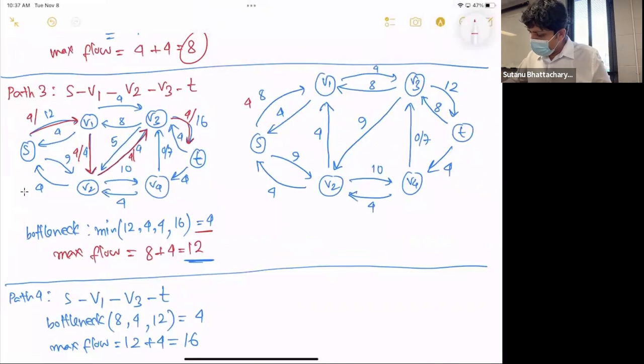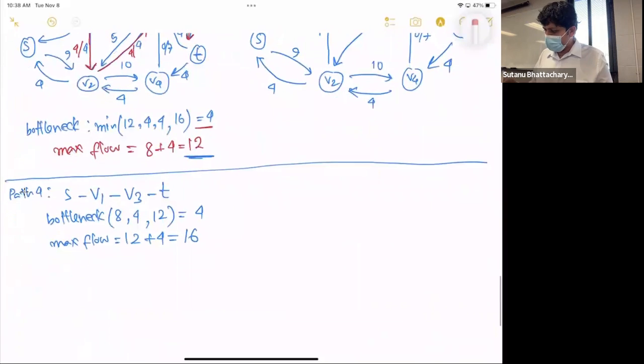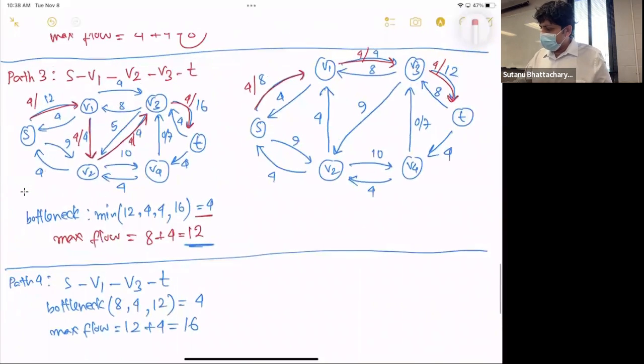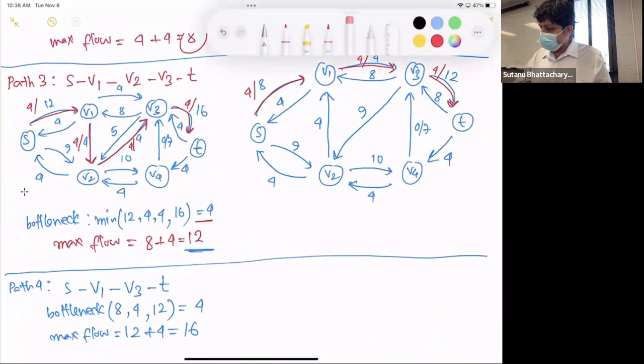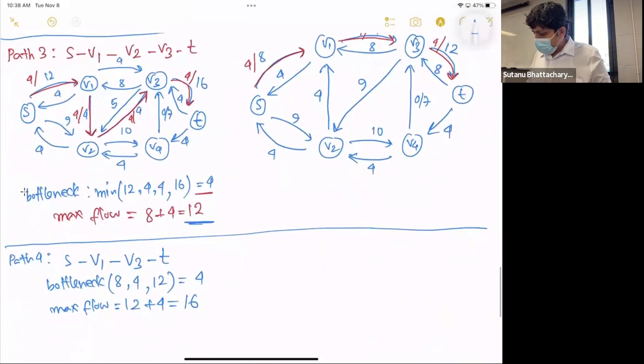We have considered this path: S to V1, then V1 to V3, then V3 to T. So 4, 4, 4. Okay. I'm drawing the corresponding residual graph. It will have S, T, V1, V3, V2, V4.